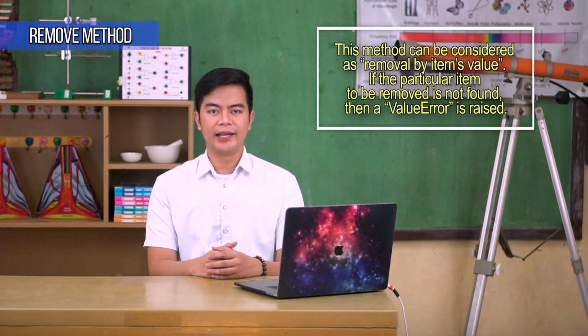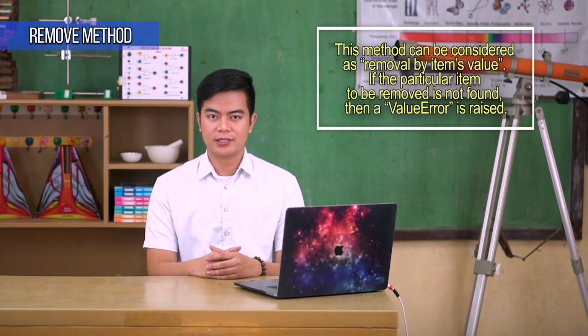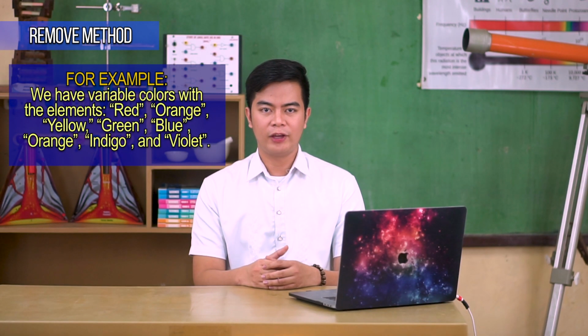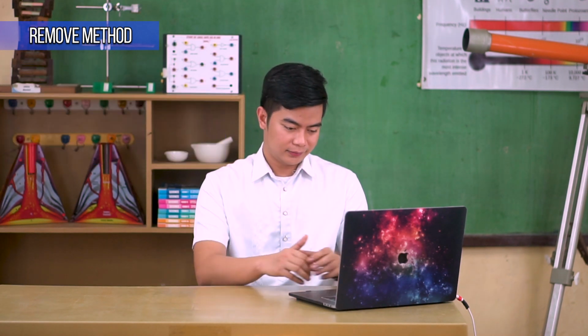If the particular item to be removed is not found, then a value error is raised. For example, we have variable colors with the elements red, orange, yellow, green, blue, orange, indigo, and violet.